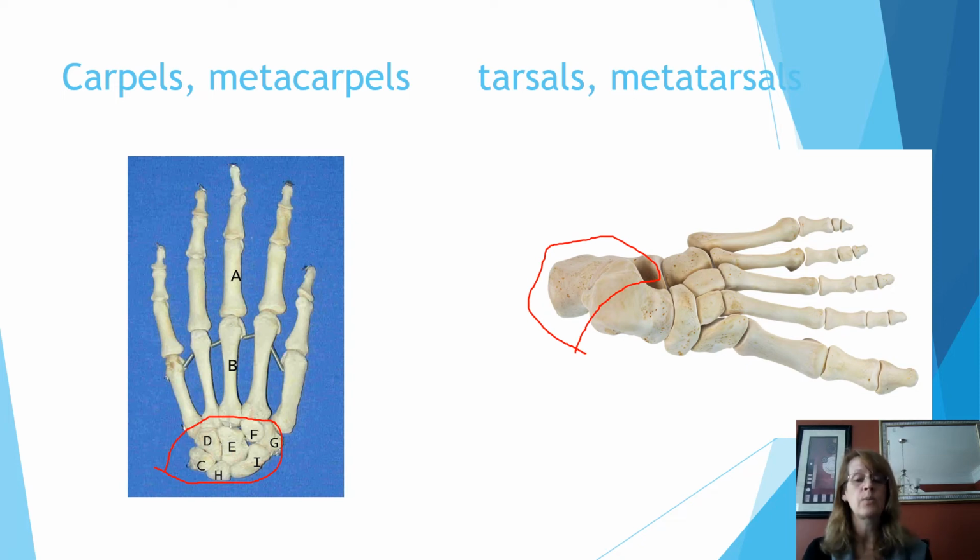You can remember Sally left the party to take Kathy home. That gives you the names of all the different wrist bones: Sally left the party is scaphoid, lunate, triquetrum, pisiform; to take Kathy home is trapezium, trapezoid, capitate, and hamate.